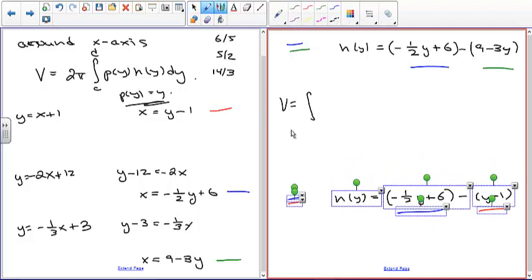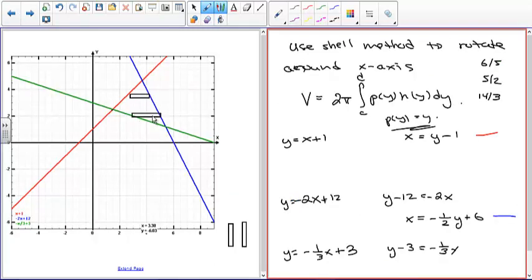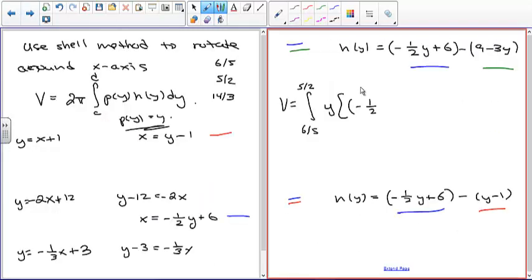So what we're going to do is integrate from 6/5 to 5/2 of y. P of y is y. And then we're going to multiply by h of y, which is -1/2. Make sure I'm doing the right one here. So I'm doing the green blue. Yep, okay, that's good. Plus 6 minus 9 minus 3y, the whole thing times dy.